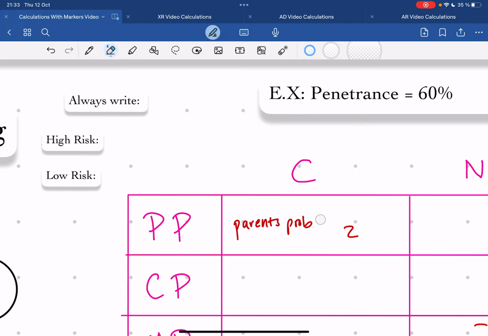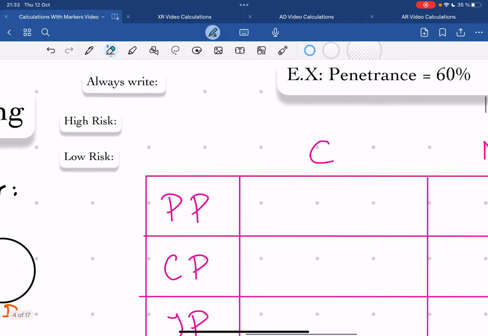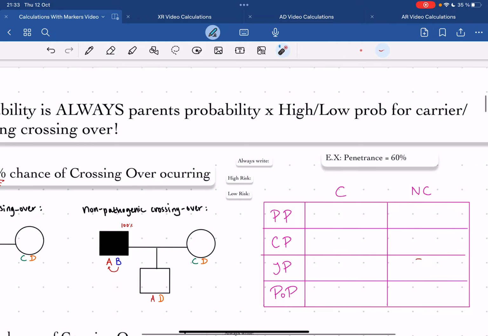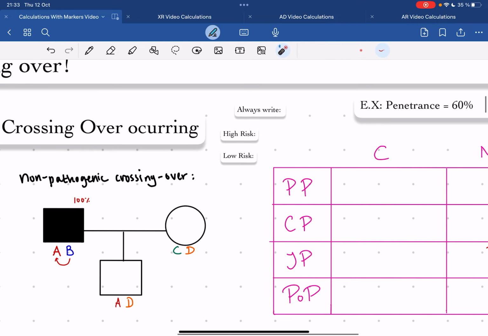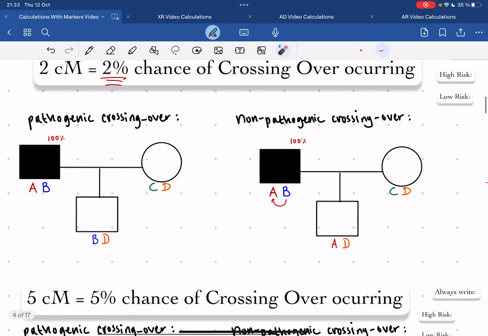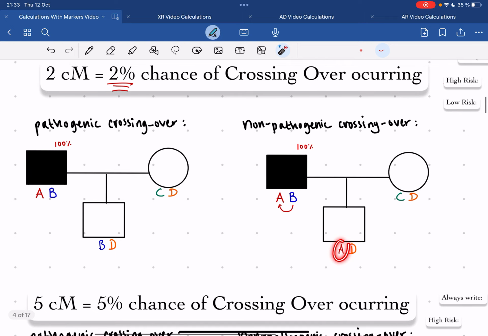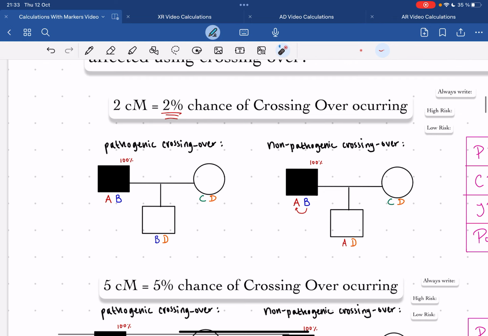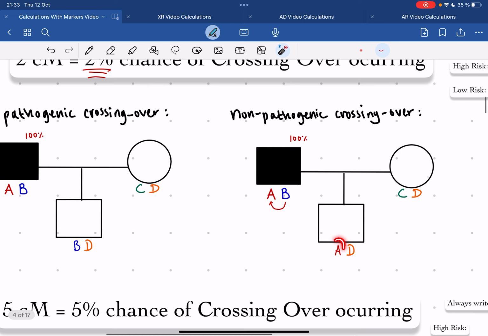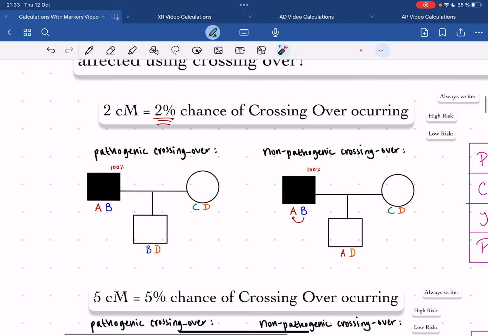But in our case here, when centimorgans come into question, we already know if the child has gotten a pathogenic or non-pathogenic allele from the person, depending on the markers. However, the markers can be wrong depending on if crossing over has occurred or not.